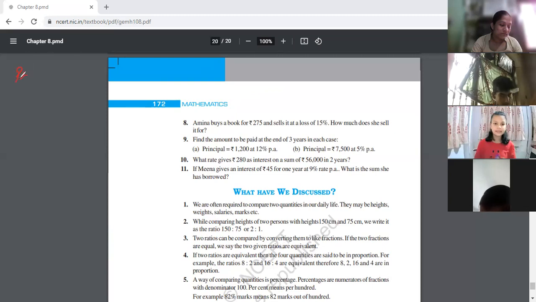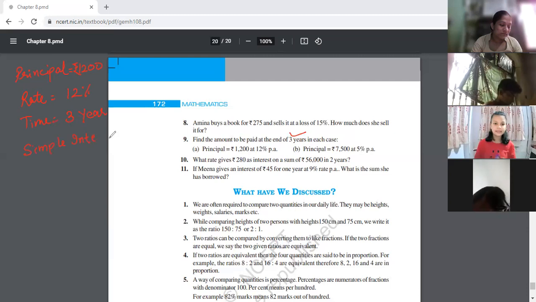Deep, what is the principal? 1,200. What is the rate of interest? 12%. What is the time? 3 years. Find the simple interest.